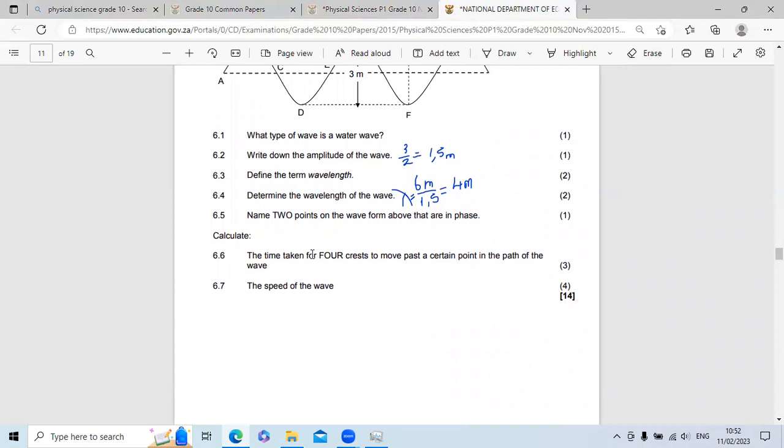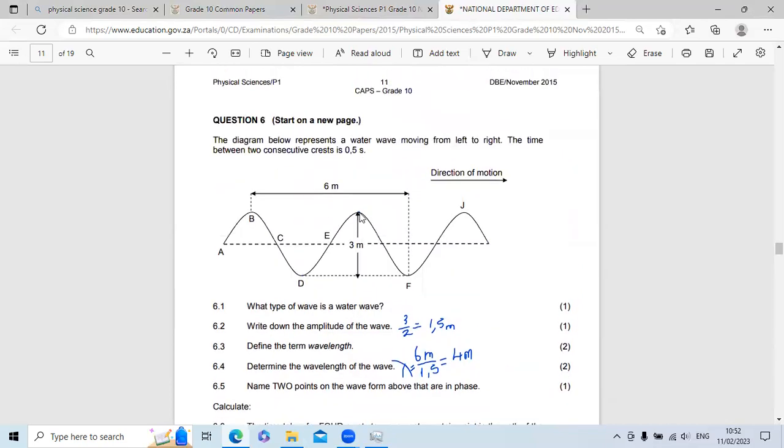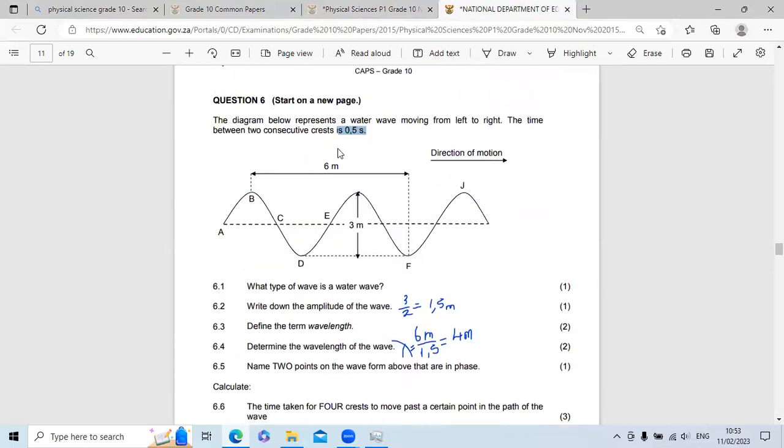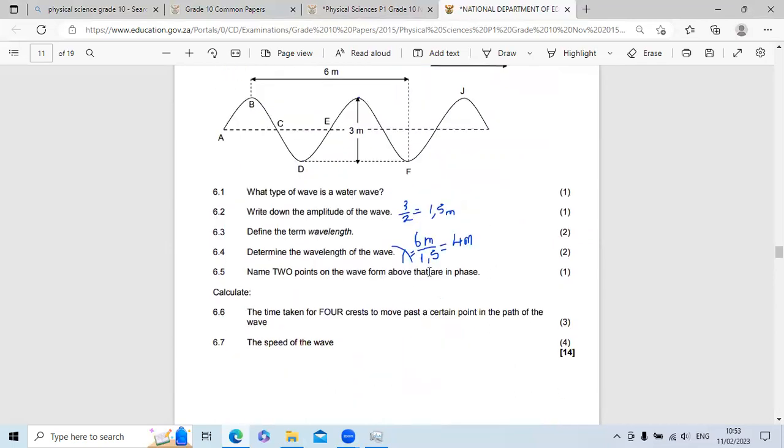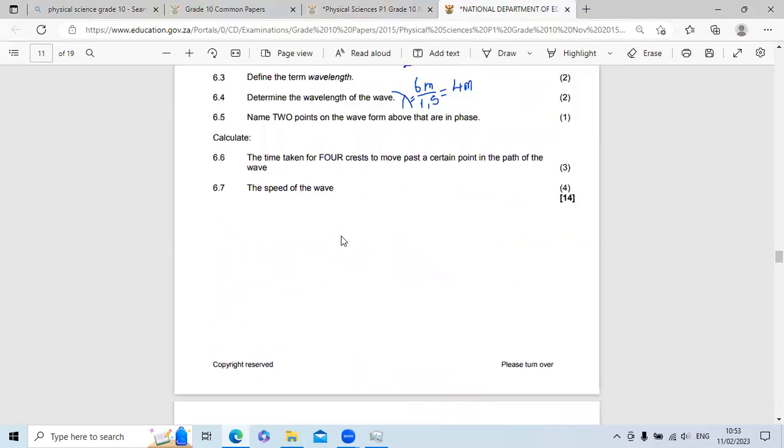So they say the time it takes for 4 crests to move past a certain point in the path of the wave. What I'm going to tell you is that the time between 2 consecutive crests is 5 seconds. Now to find the time for 4 crests, you're just going to multiply it by 2.